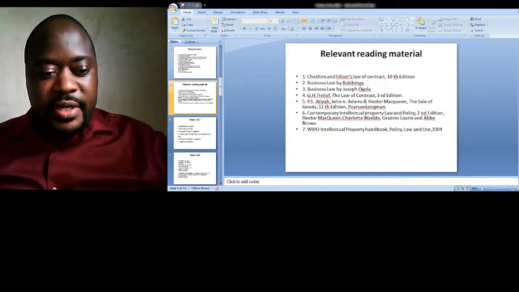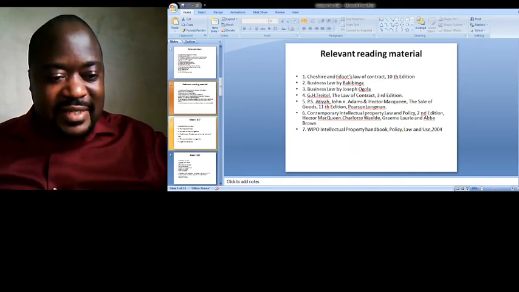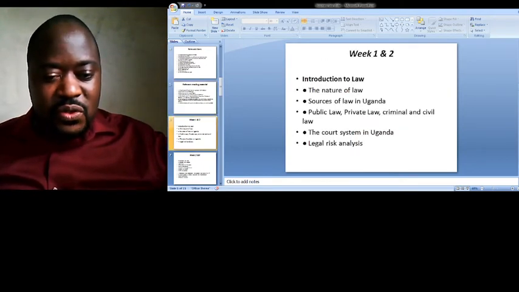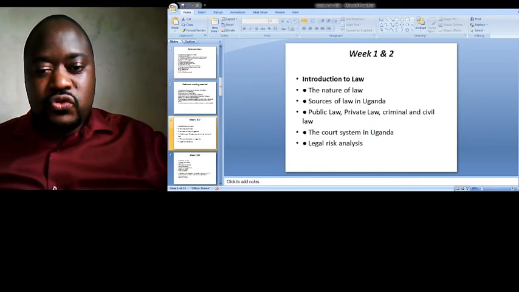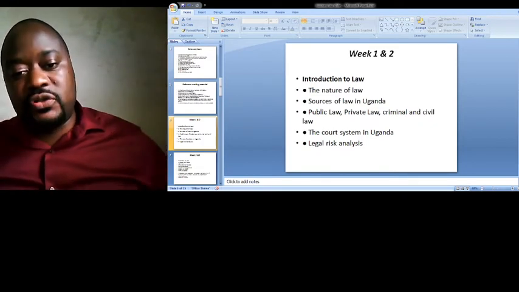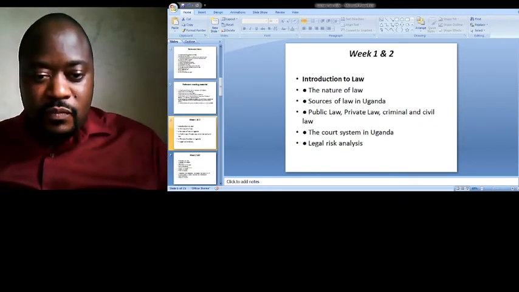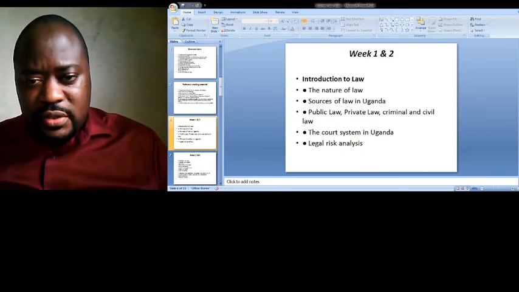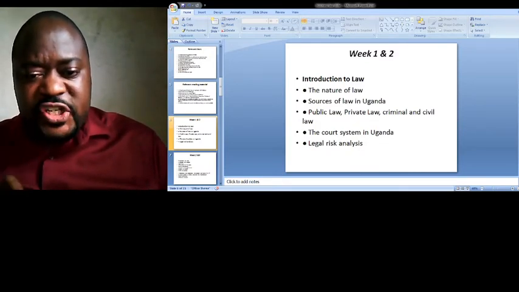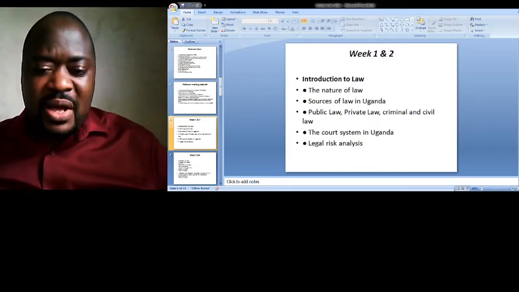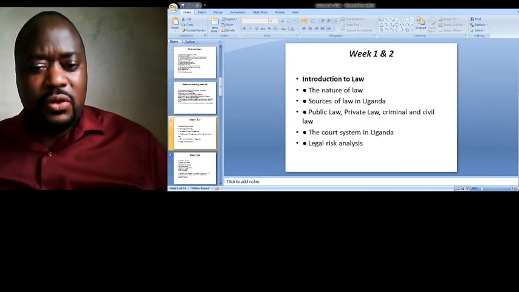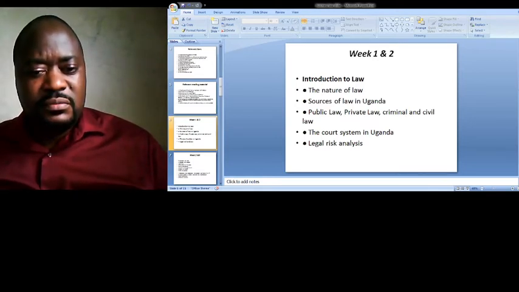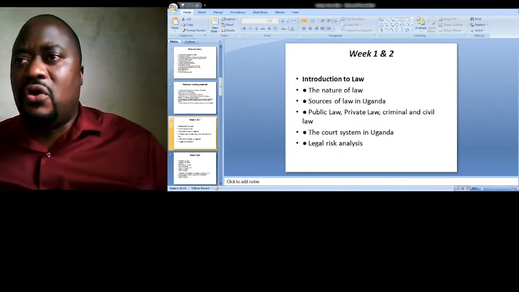Now, in our first and second week, we intend to look at the introduction to law. It is important for you to appreciate what law is all about. What is law? The general meaning of law.